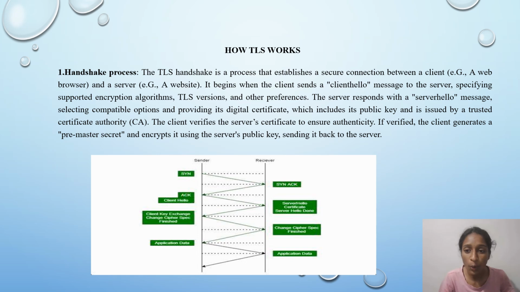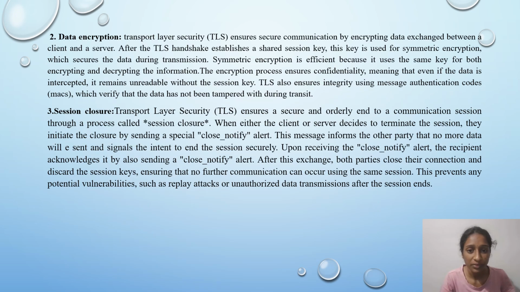The server responds with a server hello message, selecting compatible options and providing its digital certificate, which includes its public key and is issued by a trusted certificate authority. The client verifies the server's certificate to ensure authenticity. Once verified, the client generates a pre-master secret and encrypts it using the server's public key, sending it back to the server. Next, we'll see the data encryption.